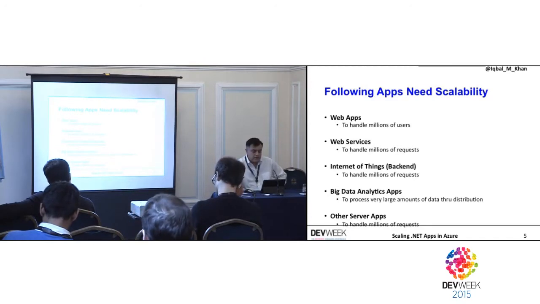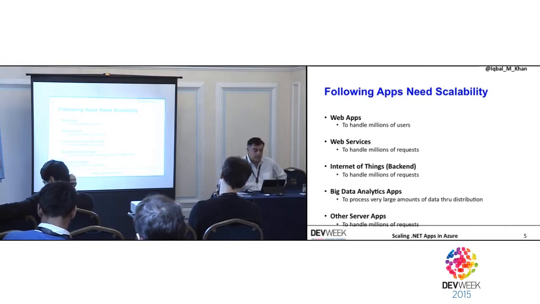These could also be big data analytics. So if you're a large company and you have a lot of data to process, that data has to be processed in a distributed fashion. So that is also a place where you need to scale big time, or any other server applications that you might have, which just need to process a lot of requests.